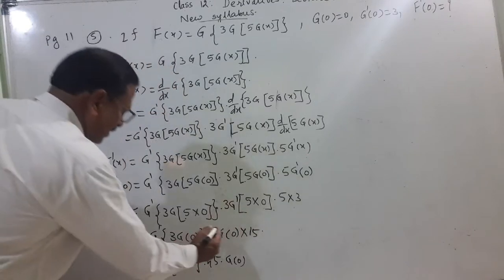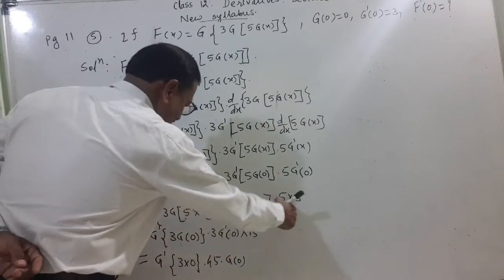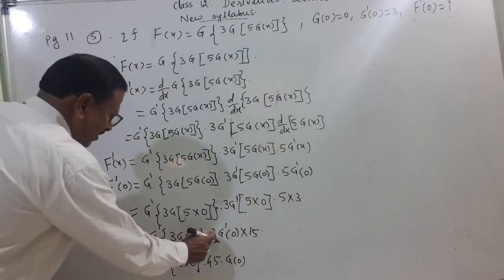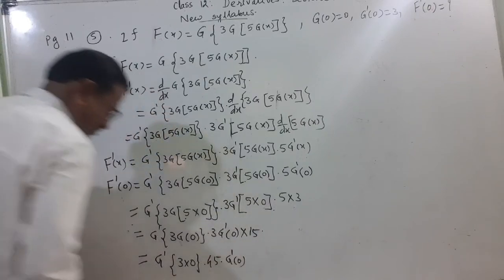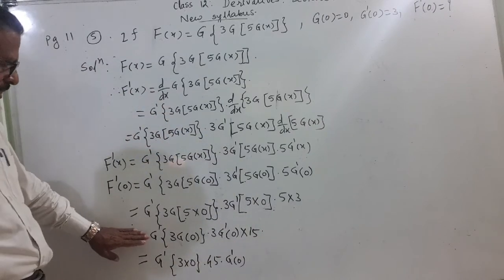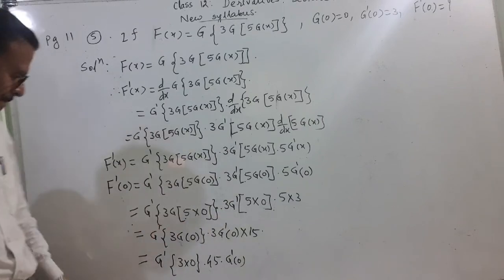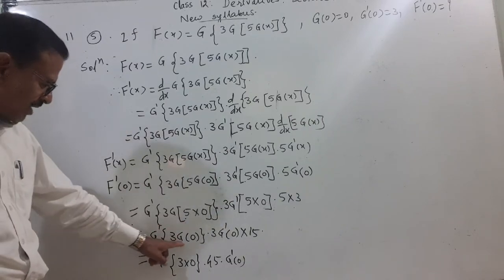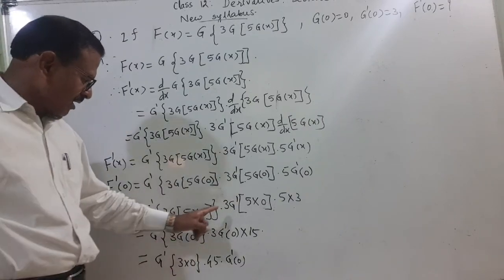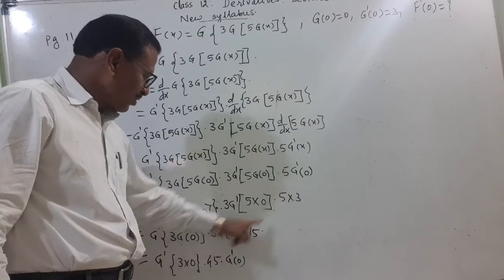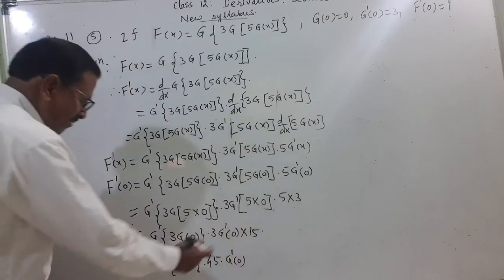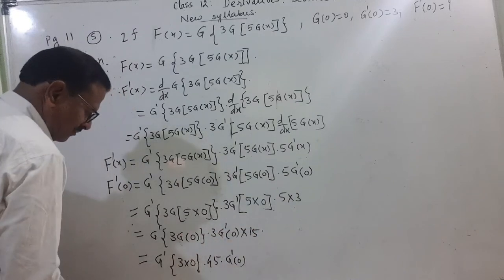This 5, 3 the 15. 15 3 the 45 and g dash of 0. Now we have understood, this g dash was remaining. g dash of 3g, 5 into 0 is 0. Here 3g dash, 5 into 0 is 0, into 5, 3 the 15. Now 15, 3 the 45.